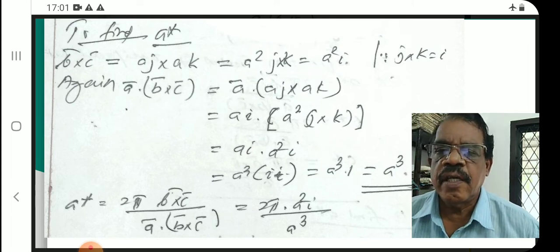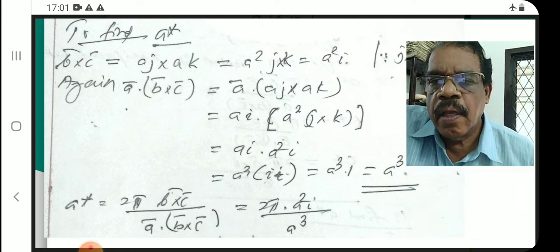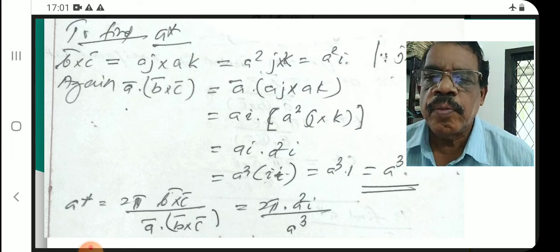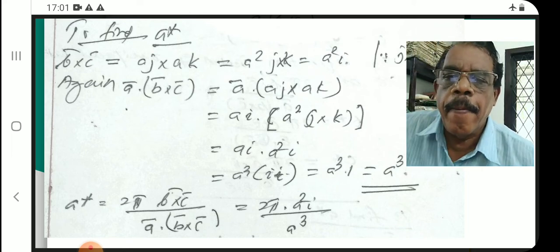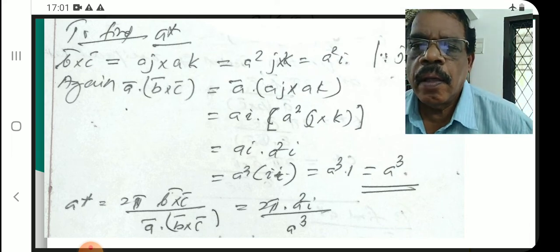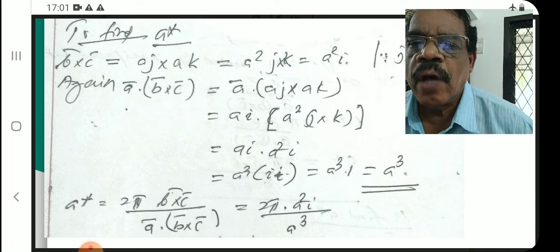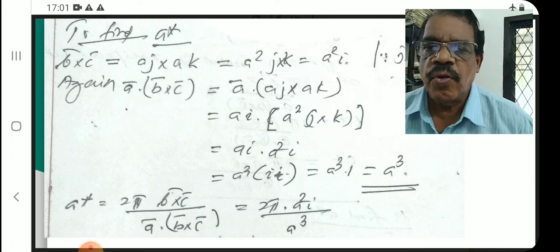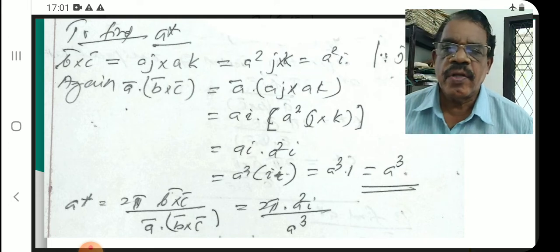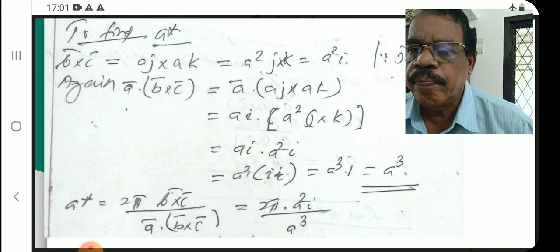So we get ai dot a square i, that is a cubed into i dot i. i dot i is 1. That is a cubed into 1 equal to a cubed.